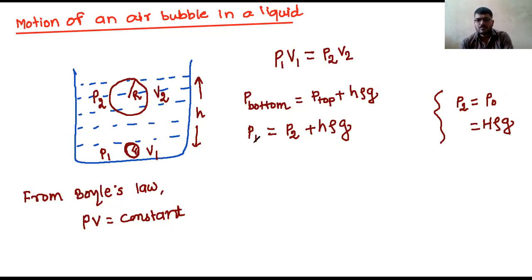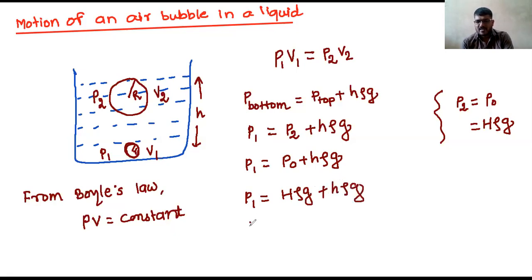So can I write like this? P1 is equal to P naught plus H rho G. Therefore P1 is equal to capital H rho G plus small h rho g, and then P1 is equal to capital H plus small h into rho g.